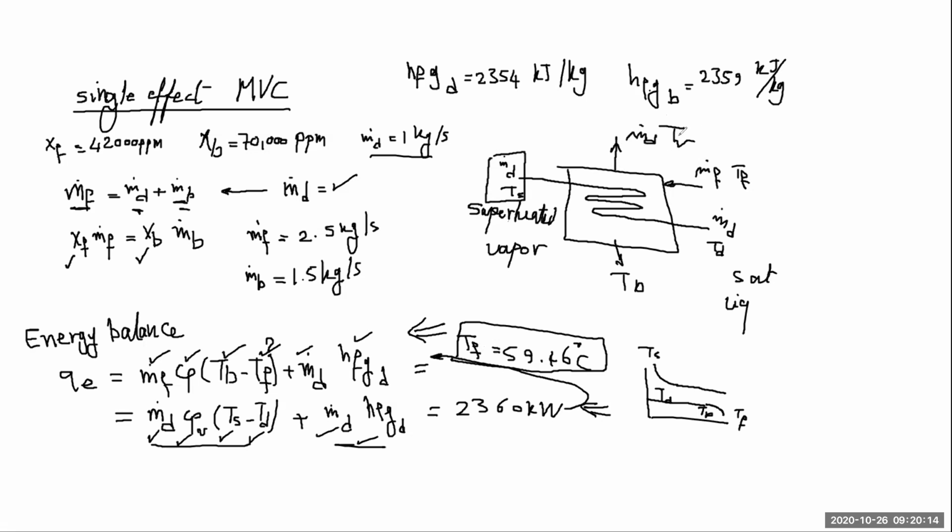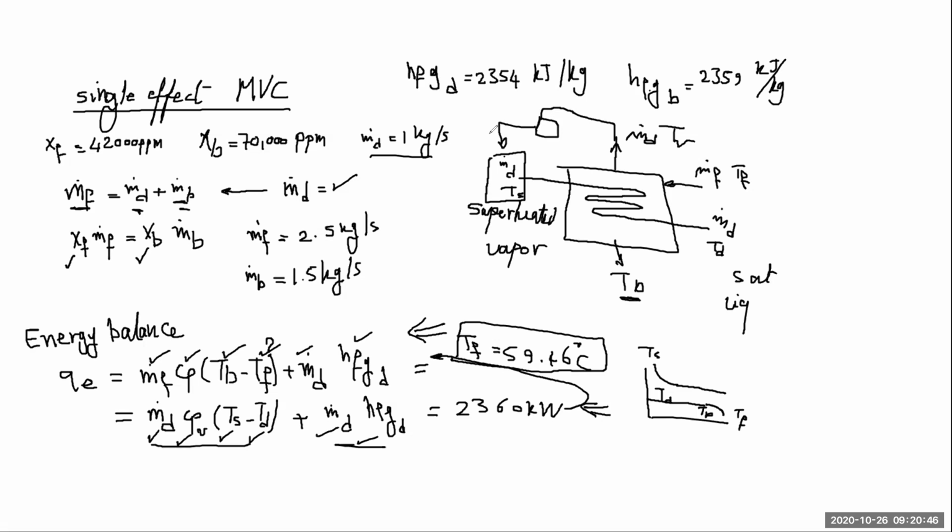T vapor is the T distillate, which is less than the brine temperature by the boiling point elevation. So it will enter into the compressor and then it leaves here. T vapor is T distillate, which is TB minus the boiling point elevation, the brine temperature minus the boiling point elevation. Yes, same as we did earlier. There's nothing new here.